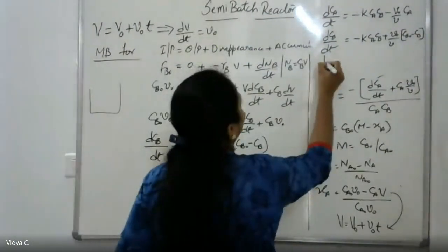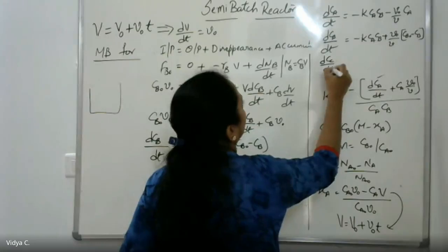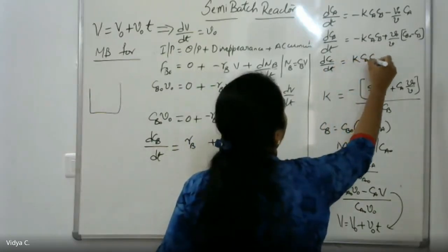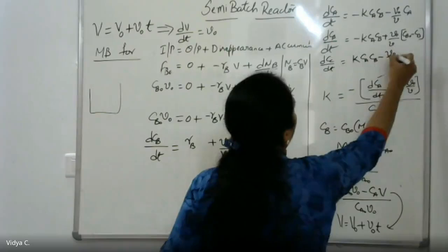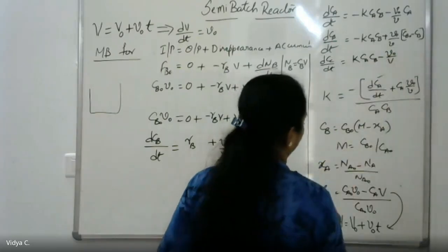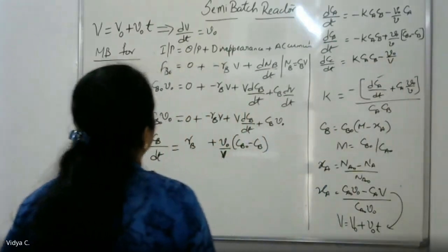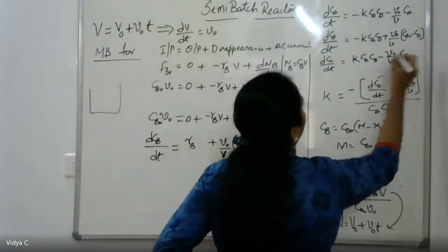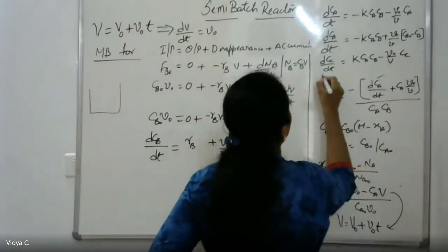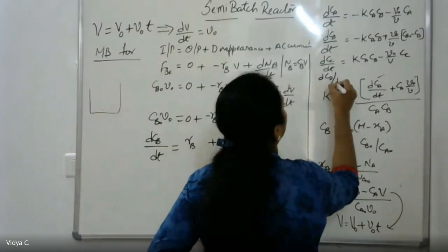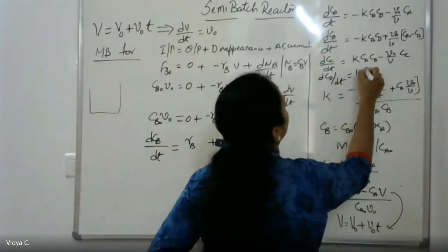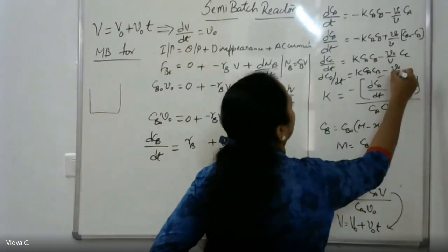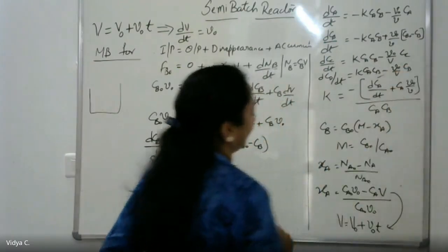And dCC by dt can be written as KCA CB minus V naught by V into CC. And similarly, you can write dCD by dt: KCA CB minus V naught by V CD.